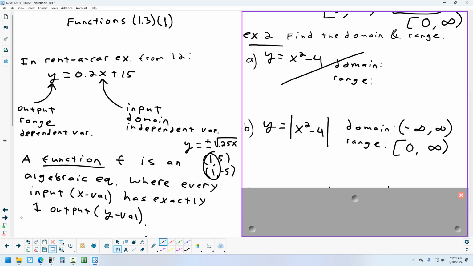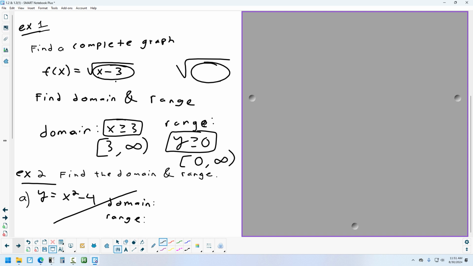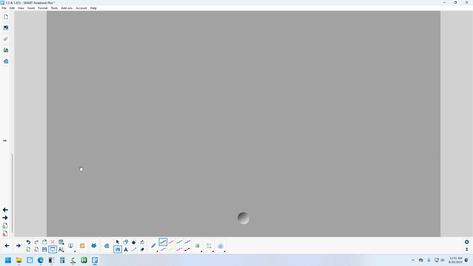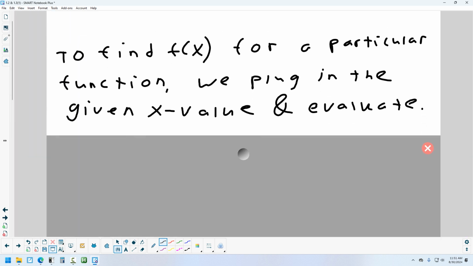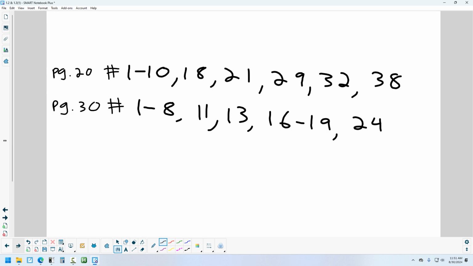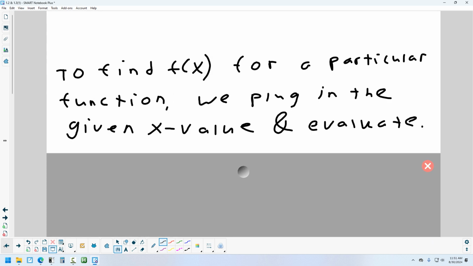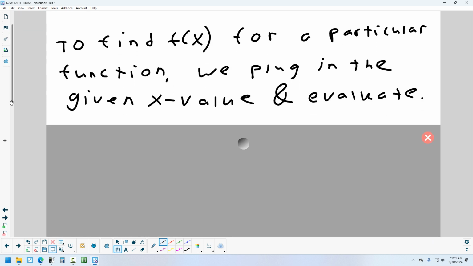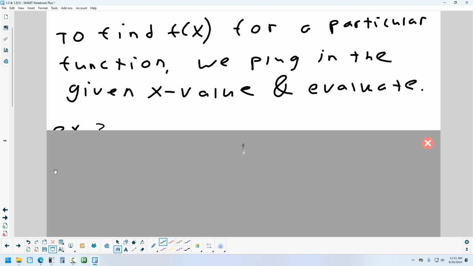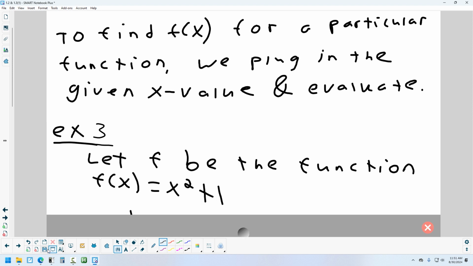Any questions on that? All right, so the second to last thing is what it means to evaluate.